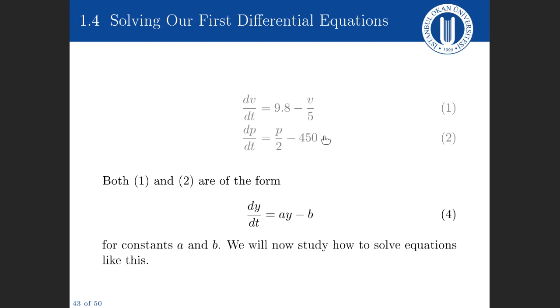The mice and owls equation was dp dt is equal to p over 2 minus 450. Both of these equations are of the same form. They both look like dy dt is equal to ay minus b, where a and b are numbers and y is our function of t. In this section, I'm going to show you how to solve differential equations like this.